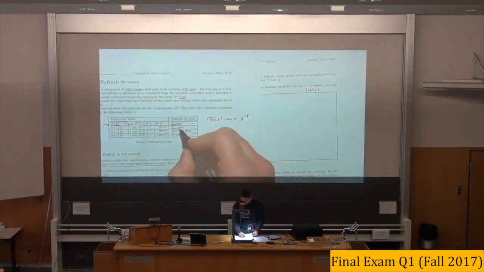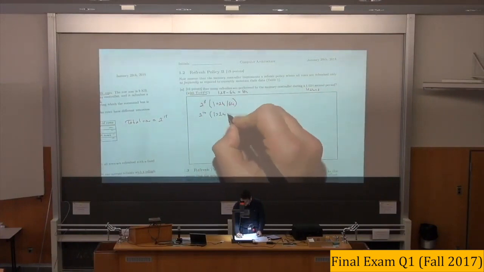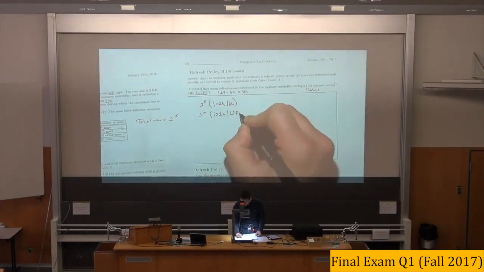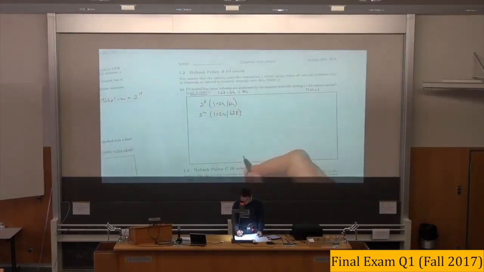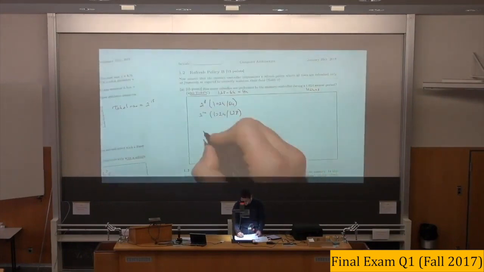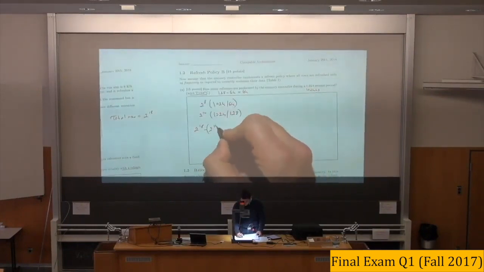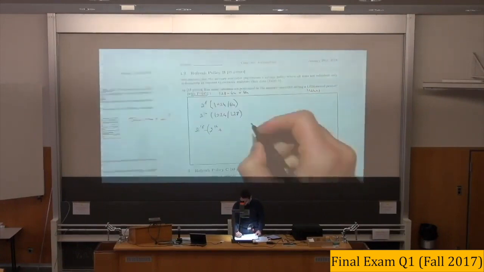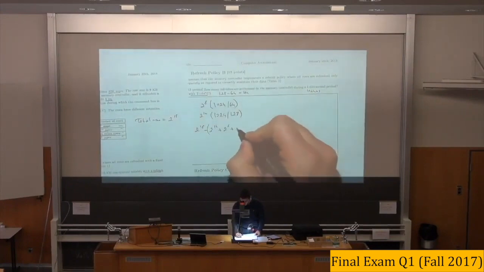And for these rows, we will have that number of refreshes, because this is basically 2 times 64. And for all other rows, we simply calculate it as the total number of rows, 2 to the 18, minus 2 to the 16 plus 2, basically the number of rows that are visible here.